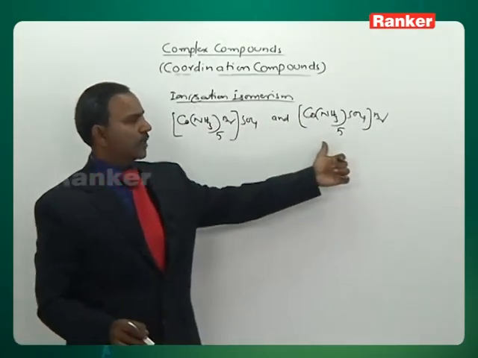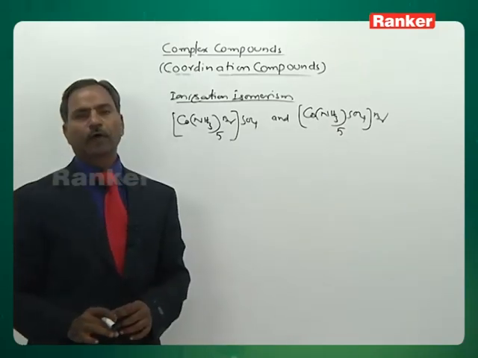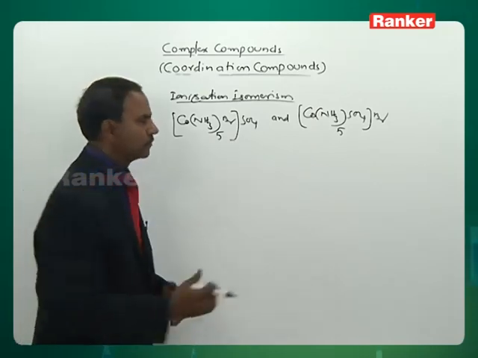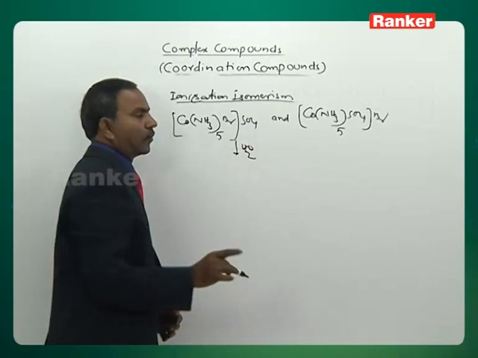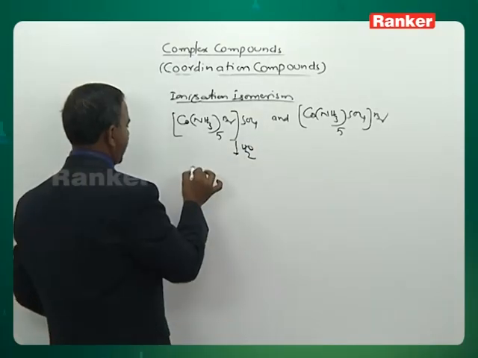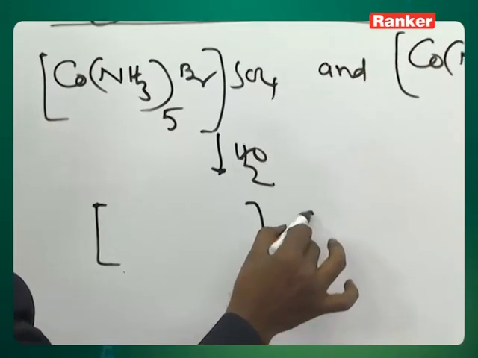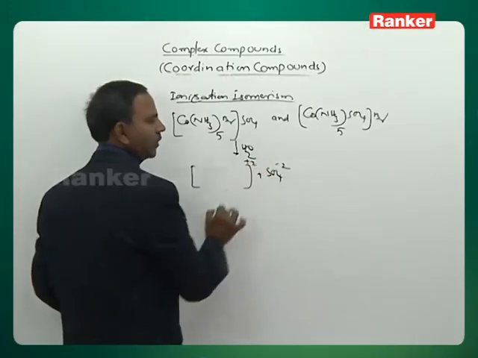The complex compounds have the same chemical formulae, and both produce different types of ions when put into aqueous solution. One gives a complex ion and a sulfate ion.